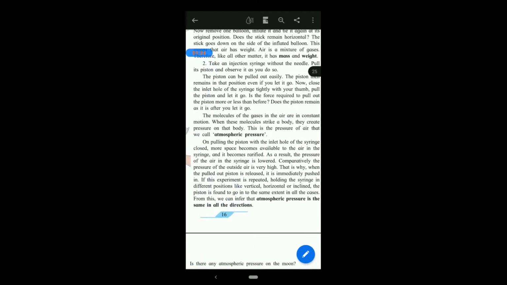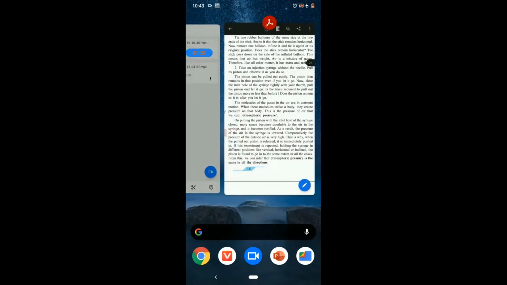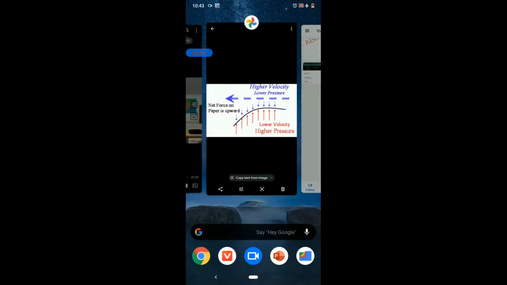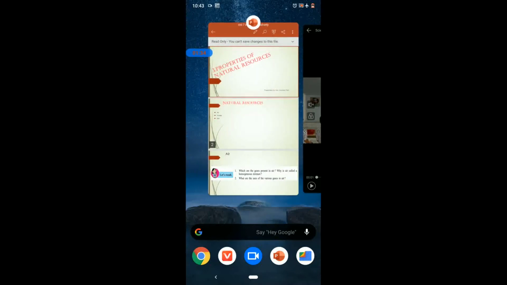Today we will summarize these points and we will move forward. Properties of air.